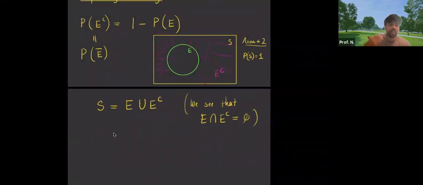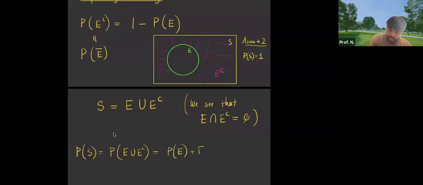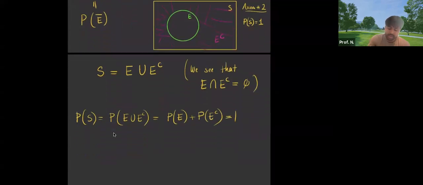Since they're mutually exclusive, the probability of S equals the probability of E union E complement, which is the probability of E plus the probability of the complement. But we already know that this sum is the probability of the sample space, which is 1. And so, henceforth, the probability of E complement is 1 minus the probability of E.